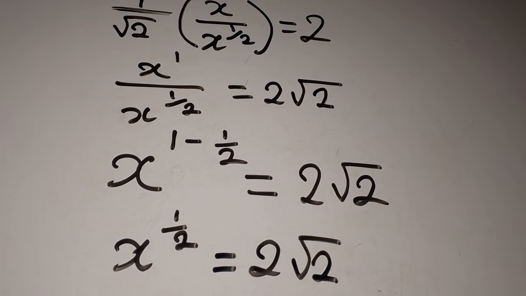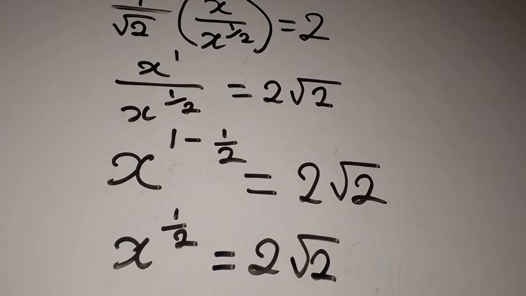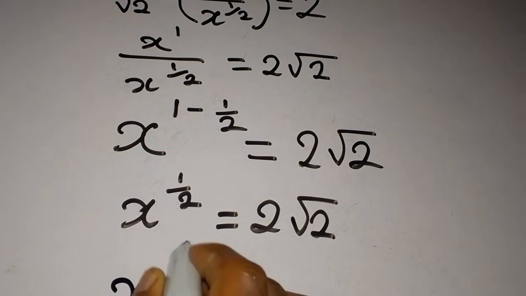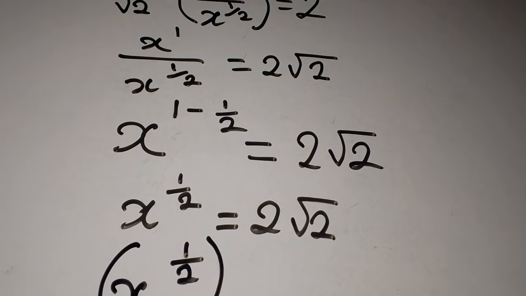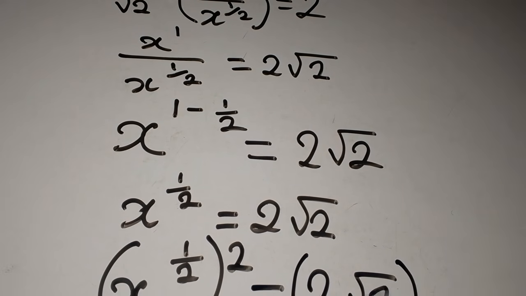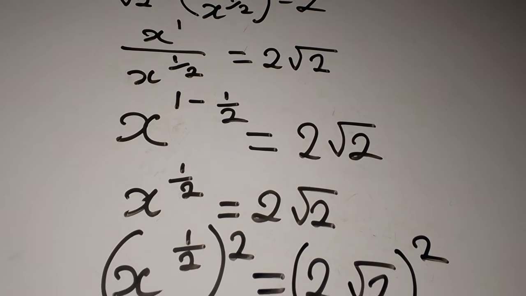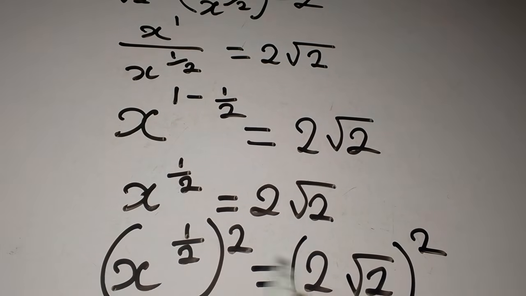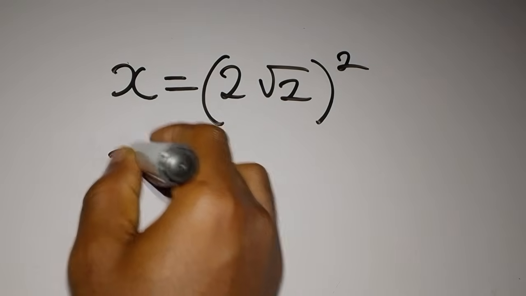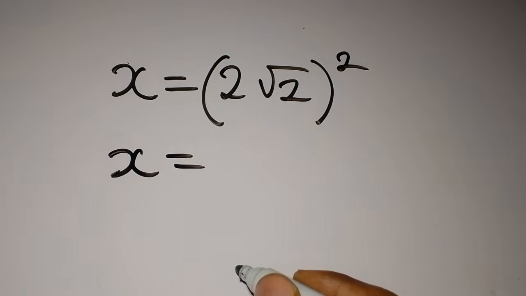So the target now is to remove the power from the left hand side. And to remove that power, we have to square what we have over there. So we're going to square this, and then here we have 2 root 2 that we will also square. And now this can go with this, so we have x already. And from here, we need to get our value of x.